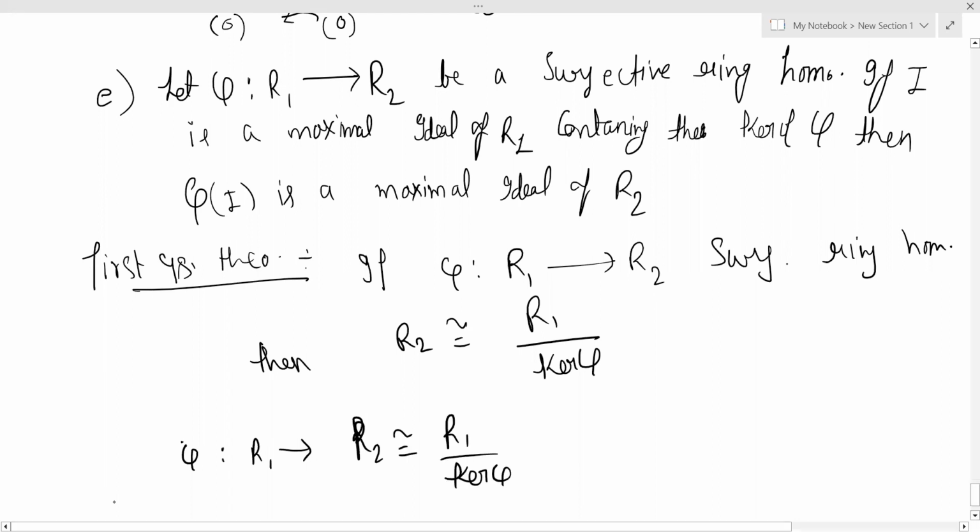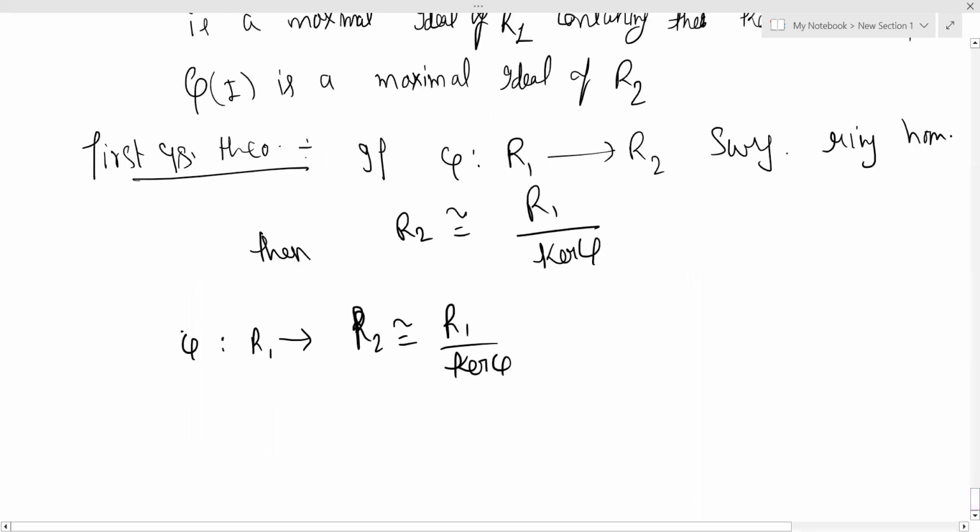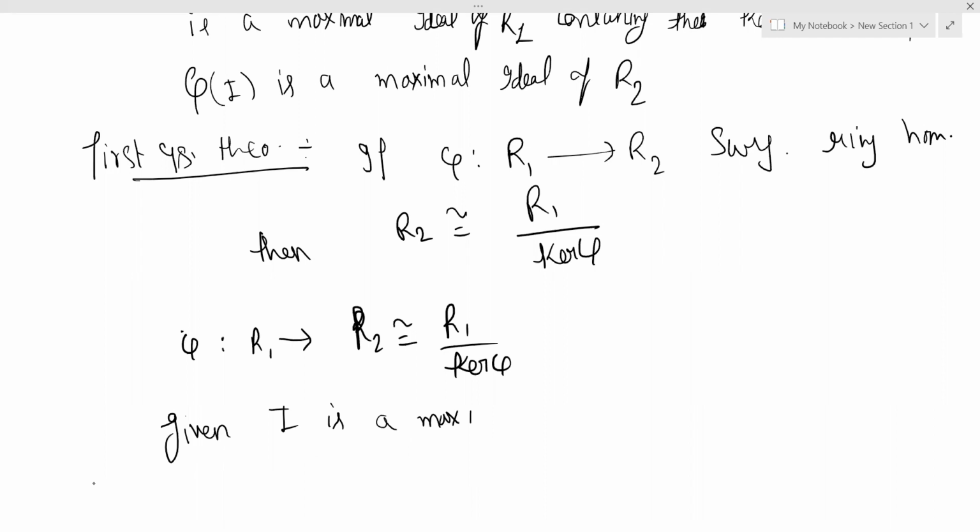Now you have given that I is a maximal ideal of R1 containing kernel phi.